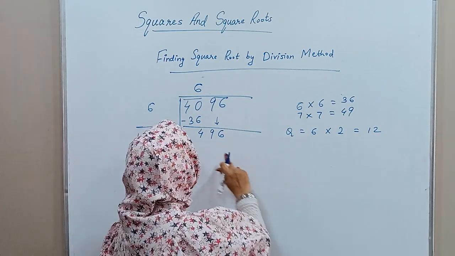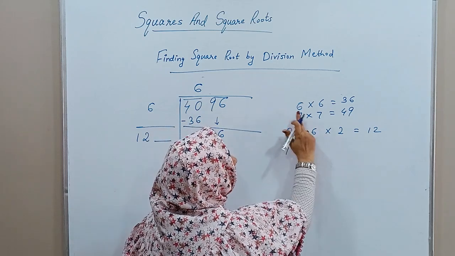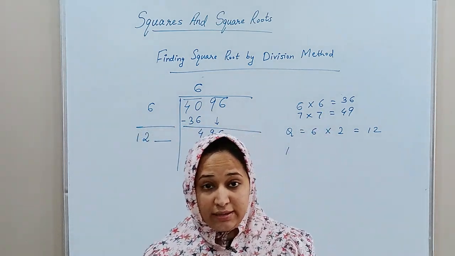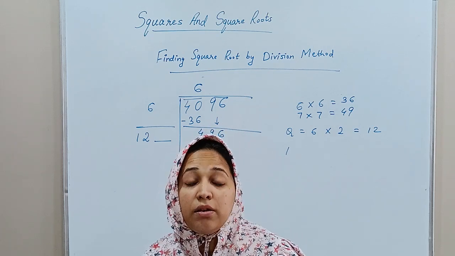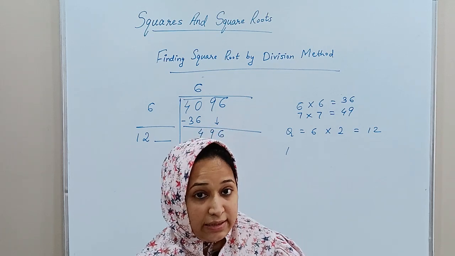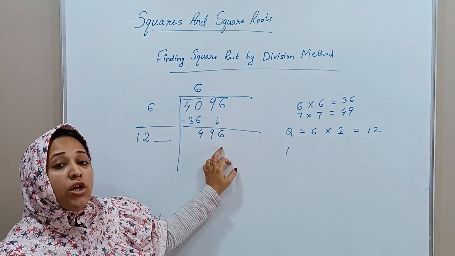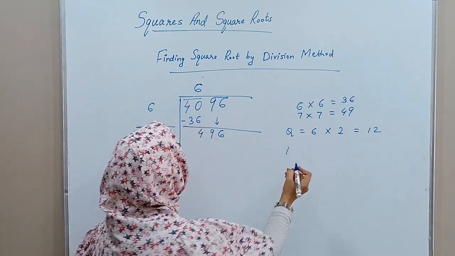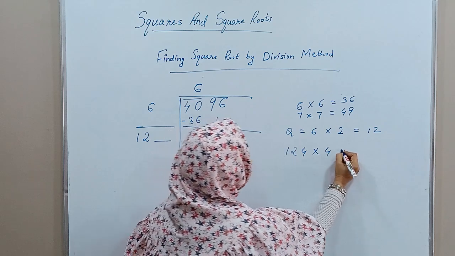Now we know here we have a 6. If we multiply 6 into 6, we get 36, where the last digit is 6. Or if I take 4 into 4, it makes 16. There also the last digit is 6. And we need a last digit which is 6. So instead of calculating each and every number, let us try 124 into 4.